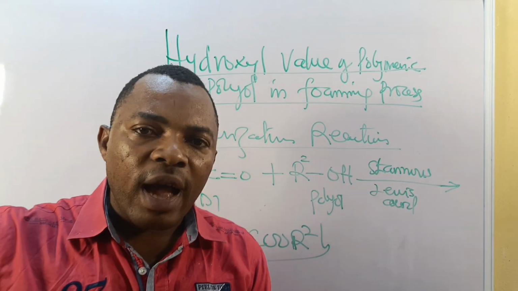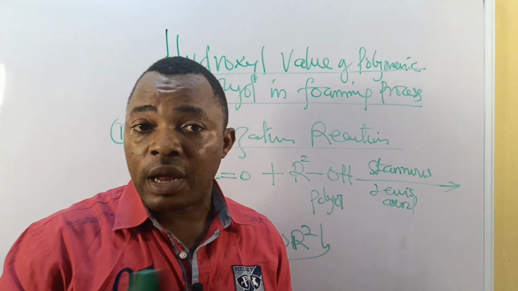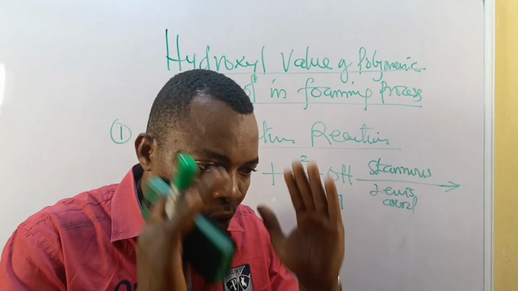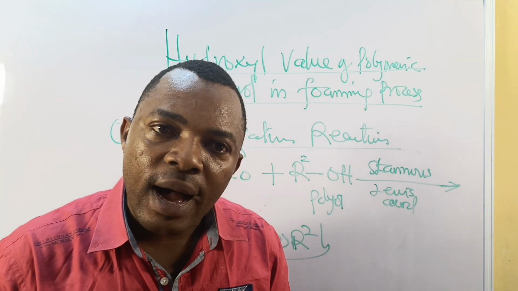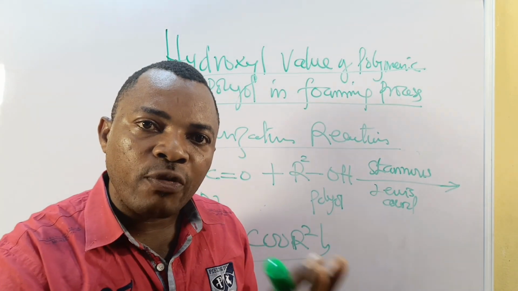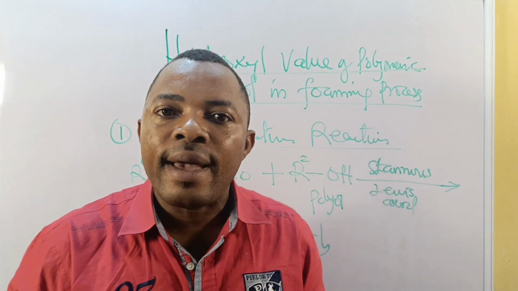But remember, the reaction is going to be slow. That's why most of us, even when you have a good temperature, a well-balanced catalyst and a good foaming condition, if you touch your foam, the curing process is still slow.